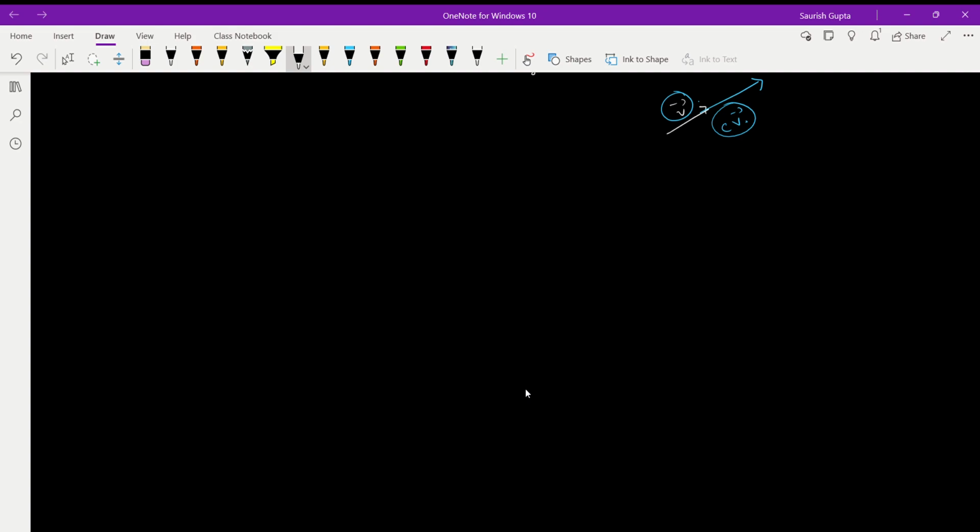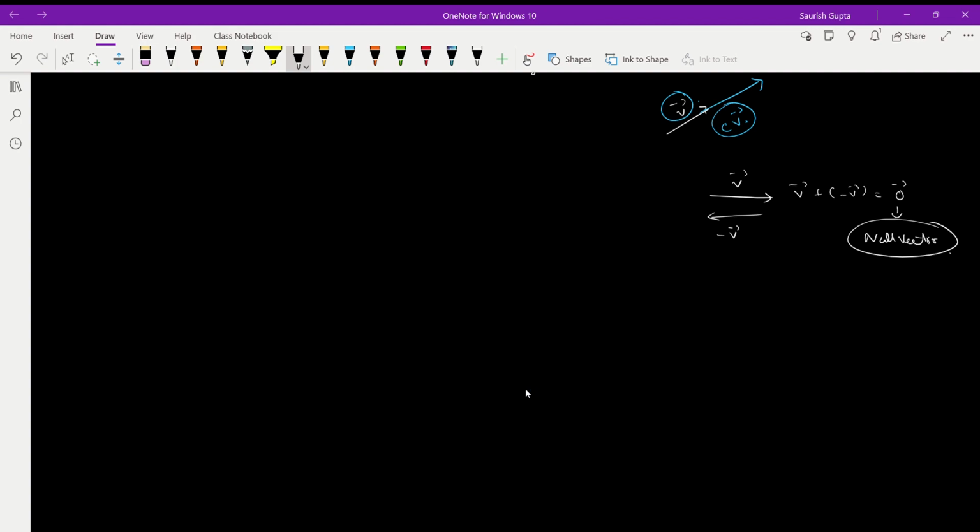Then you have the inverse of a vector: if you have this as the vector v and you direct it in the opposite sense, keeping its magnitude the same, you get minus v, right? If you add v and its opposite vector, you get what we call the null vector, which has no magnitude. And obviously vector addition is commutative. It doesn't matter in which order you add two vectors.